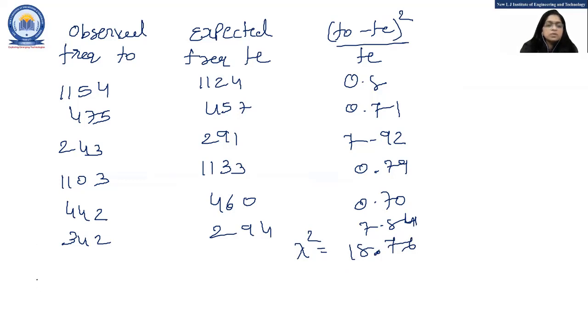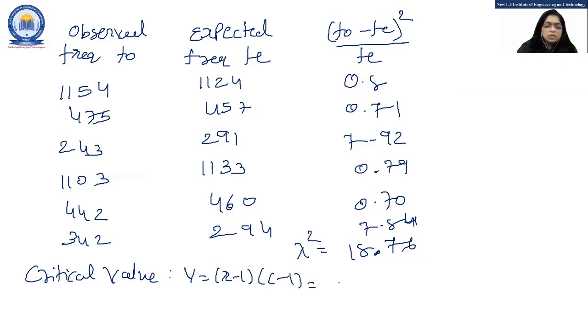Now, the second last one, that is critical value. For the critical value, my degree of freedom, V, is number of rows minus 1 into number of columns minus 1. So here 2 minus 1 into 3 minus 1 is equal to 2, right?